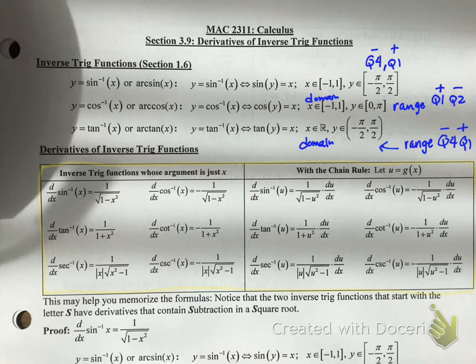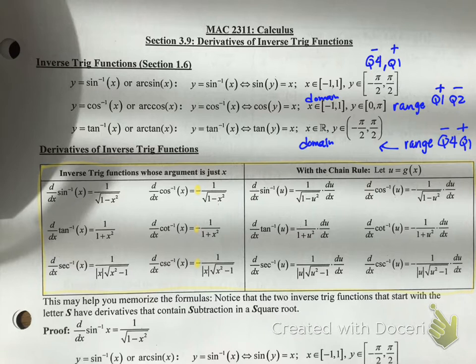And the derivative of inverse cosecant of x is -1 over the absolute value of x times the square root of x squared -1. Do you guys notice that everything that starts with a letter C, cotangent, cosine, and cosecant, its derivative is negative? So that might be a way for you to kind of remember it.